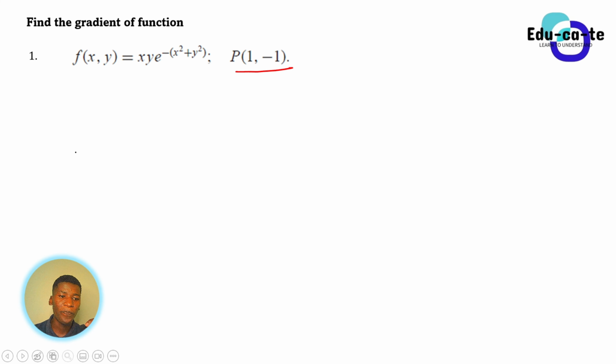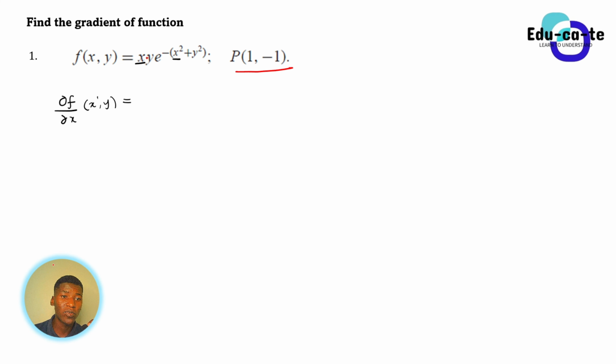First of all, remember that to find this, you need to find the partial derivatives. I'll do this separately. The partial derivative of f in terms of x of this function: if we differentiate in terms of x, you can see there's an x here and also an x in the other part, and they are separated by a multiplication sign, so we need to apply the product rule.